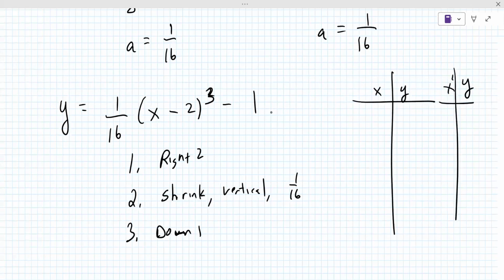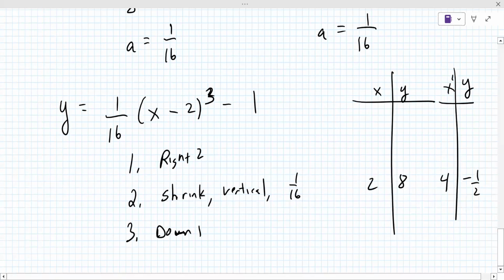So one of them is 2, 8. The x value, right 2, is 4. The 8 you divide by 16, that makes it one half, and then you subtract 1 to get -1/2, which is exactly that point you said. Really good. Okay, I think I connected the dots.